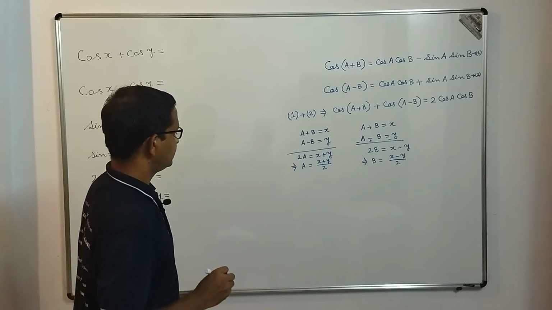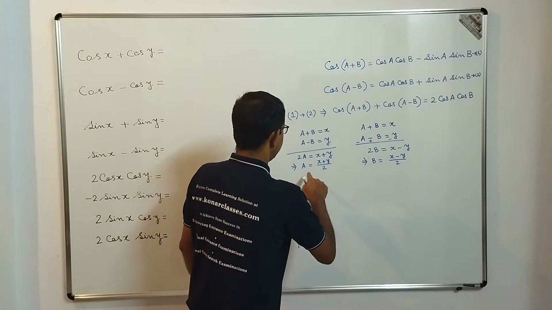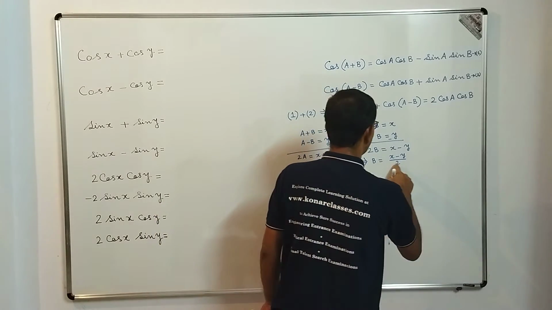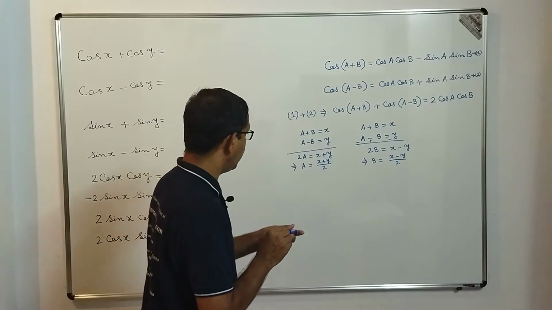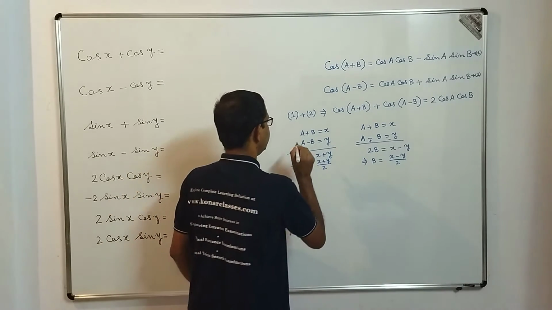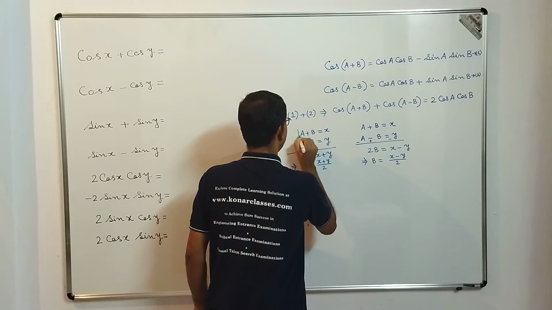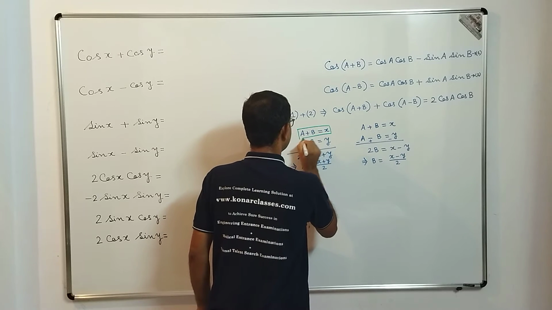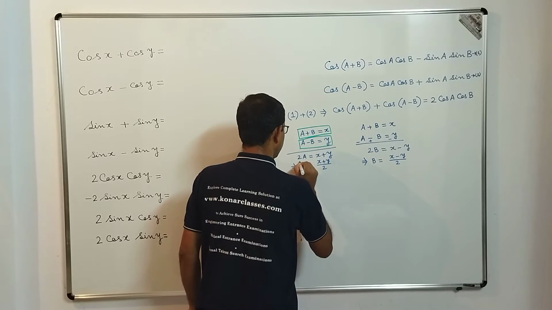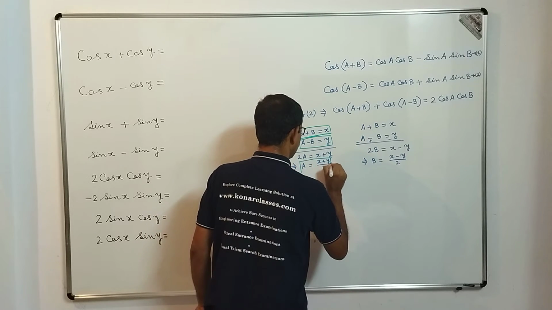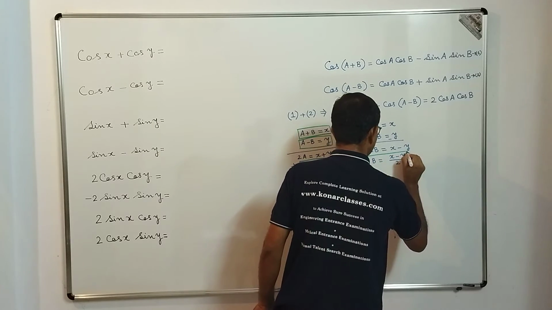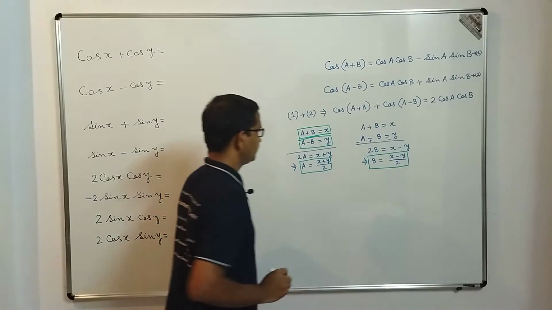So dear students, what we get is that A is equal to x plus y by 2 and B is equal to x minus y by 2 when we consider A plus B equal to x and A minus B equal to y. Okay.